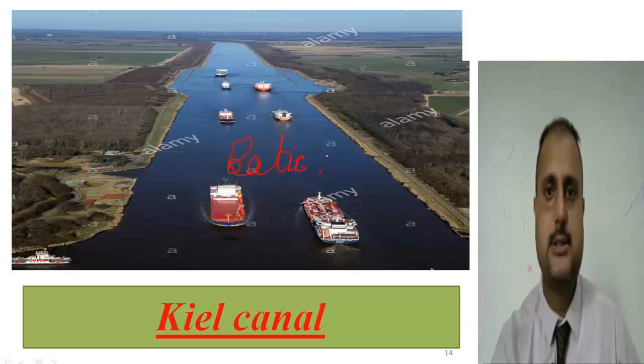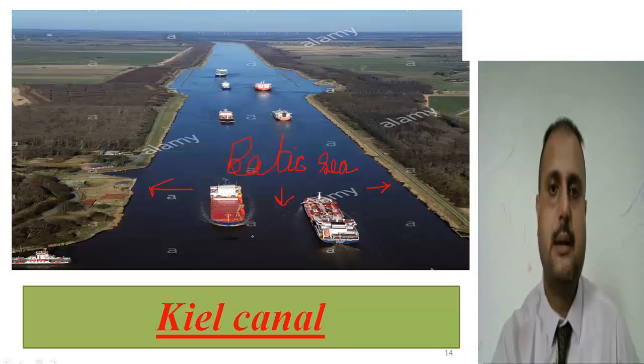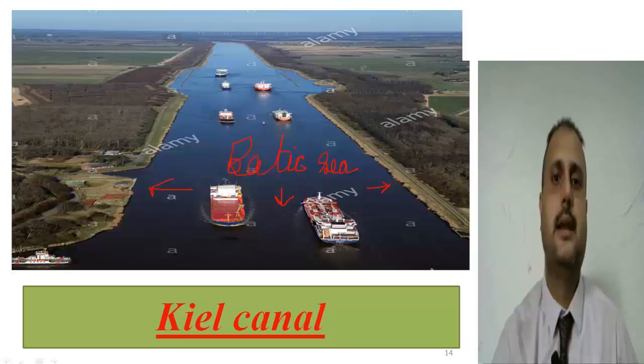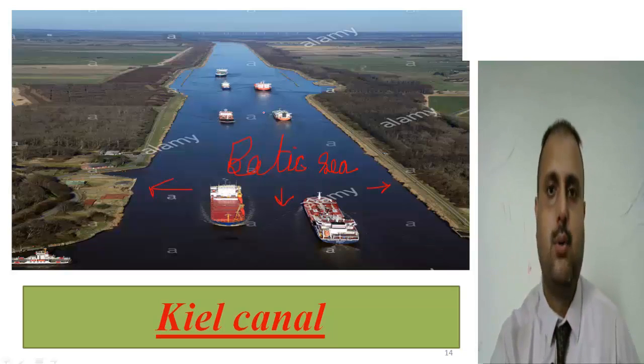It was widened and deepened so that even a large number of warships at one time could enter the Kiel Canal. So the whole world began to be aware of the expansionist design and the military power of Germany.